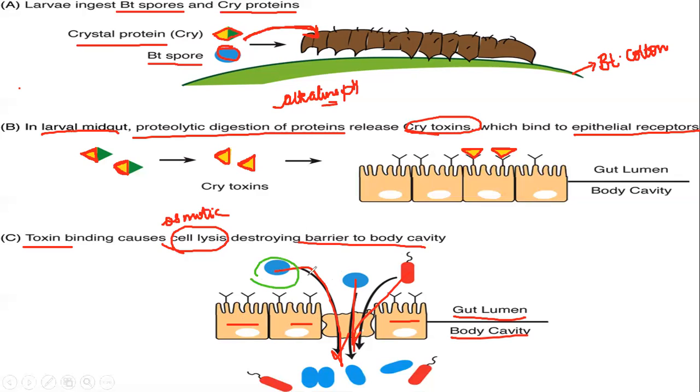These are the microbes. So the attachment of the cry toxin to these cells causes lysis or swelling of the cells and allows all the microbes to enter inside the body. So this is the process. Okay, is it very clear?